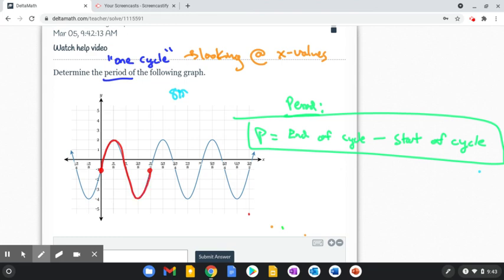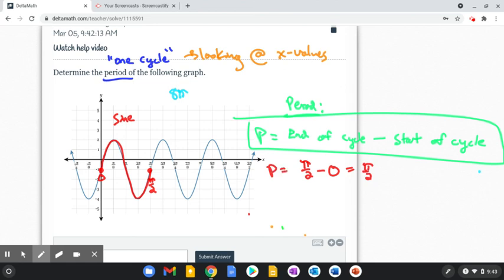And this is the sine function, because notice it's starting in the middle, whereas remember the cosine starts at the top. So to complete one period, one cycle of this, we start at 0 in the x direction and we end at pi over 2. Remember, we're looking at x values for this. This tells us the horizontal length. So this period would be pi over 2, because the end of my cycle is pi over 2 minus the start of my cycle, which is 0. Pi over 2 minus 0 is obviously pi over 2.